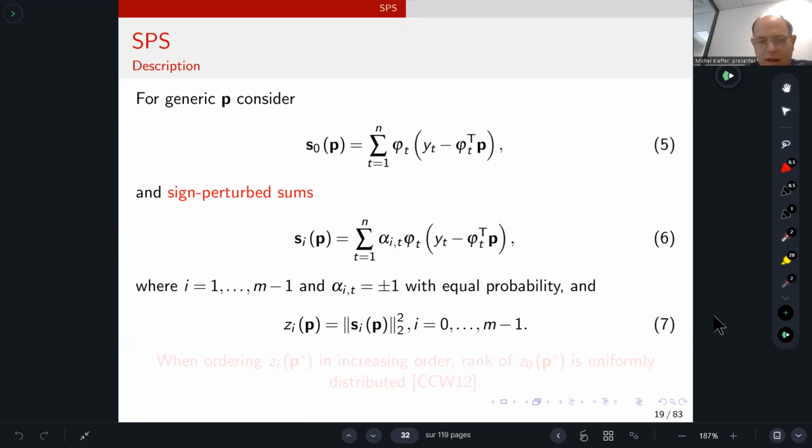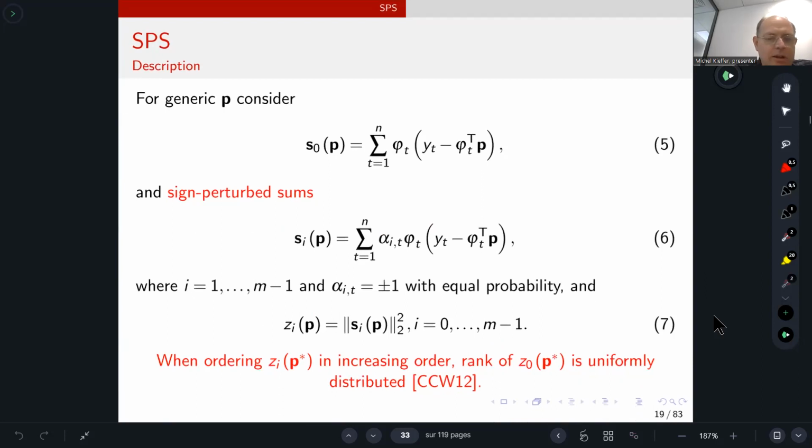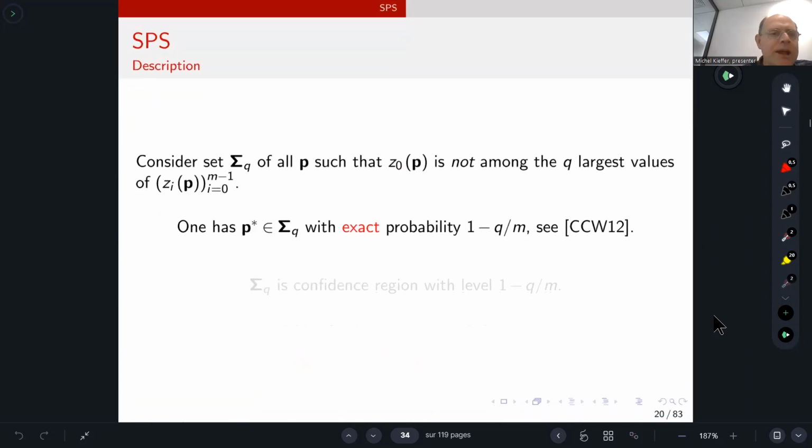There is a property we can show: when you order the Zi evaluated for P star in increasing order, the rank of Z0, the unperturbed sum, should be uniformly distributed. This has been proven by Campi.